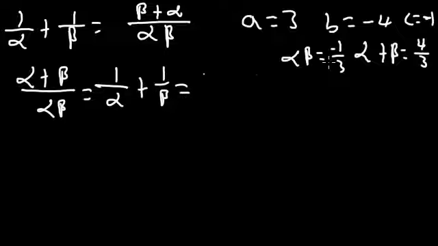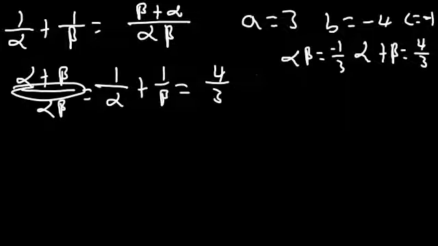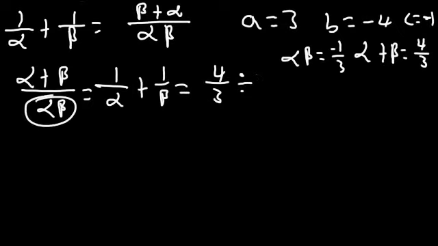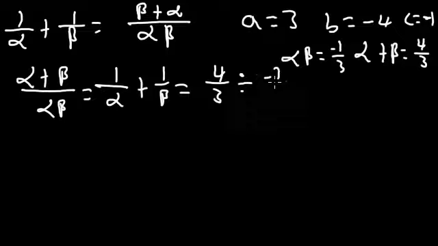So substituting alpha plus beta, which is 4 over 3, we have 4 over 3, divided by alpha beta, which we found to be negative 1 over 3. This is 1, not 7, okay? Now, we can use the concept of keep, change, and flip.